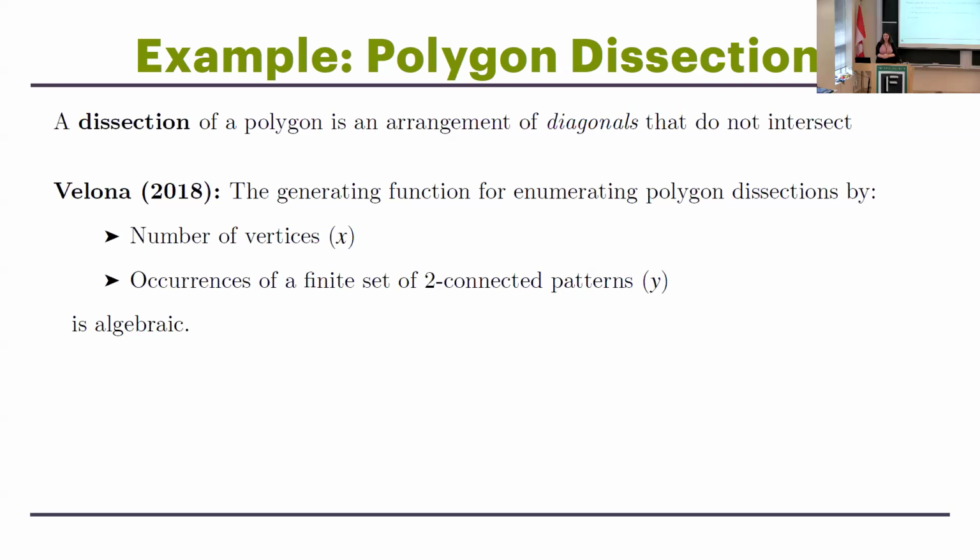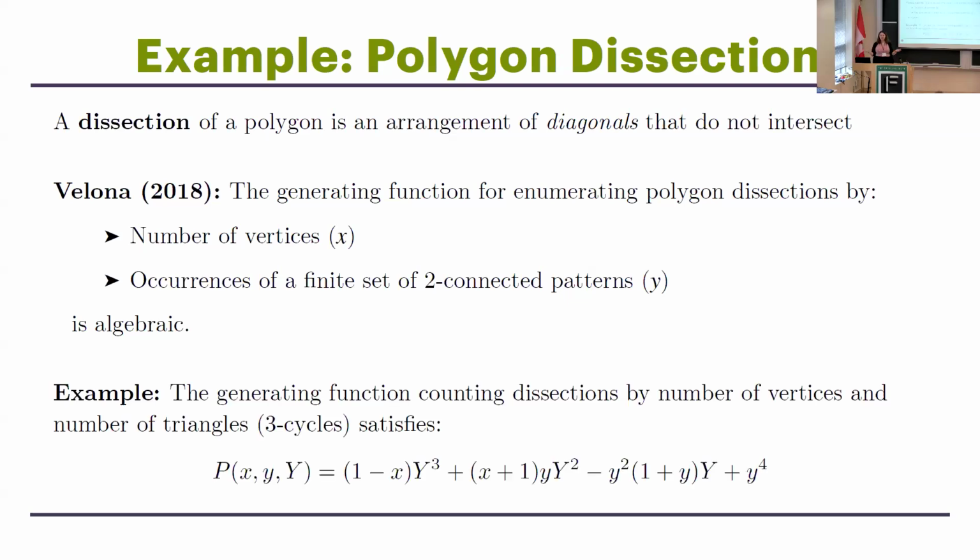So Bahrani and Lumbroso, in 2018, said that the generating function for enumerating polygon dissections by these two parameters is indeed algebraic. The two parameters that I went over were the number of vertices and occurrences of a finite set of 2-connected patterns. A 2-connected pattern is just a graph that's 2-connected, meaning a graph where if you remove any vertex, it's still connected.